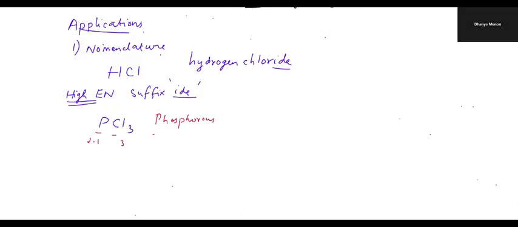Whichever element has higher electronegativity will get the suffix "ide". Similarly, bromine and chlorine: whether it's bromochloride or chlorobromide? We know the values now. This is 2.8, this is 3.5. So definitely it is bromochloride. This is one of the applications.